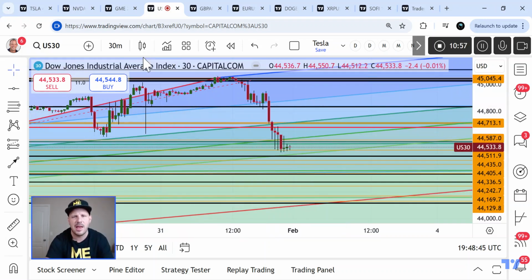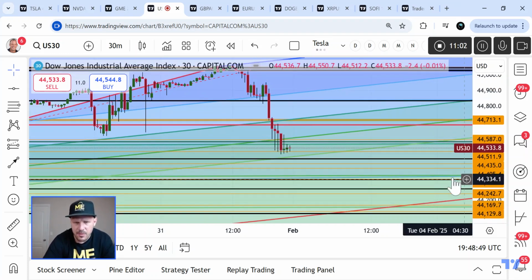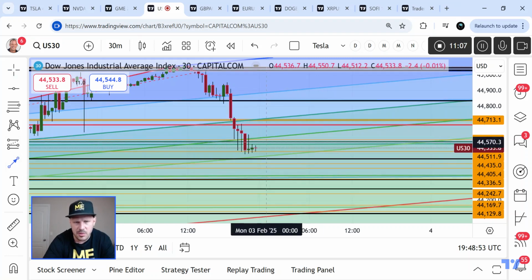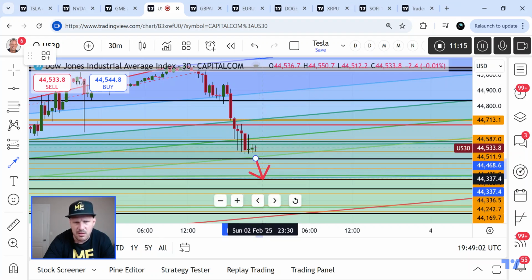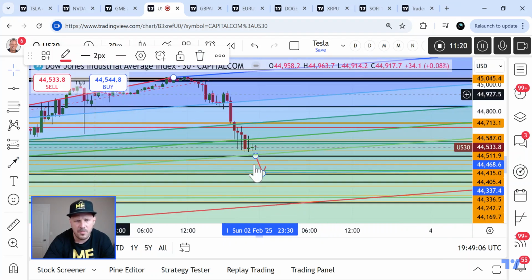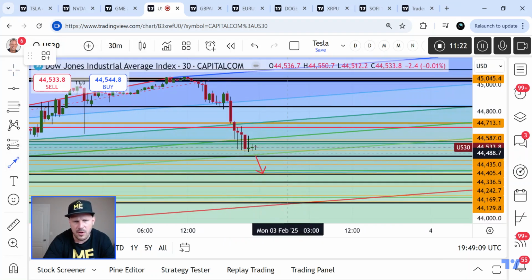I have a little bias that currently right now, I know there's a whole bunch of lines here, so let's keep it super simple. From this level here, if we break 44,468, let's make this smaller. We'll drive down further.